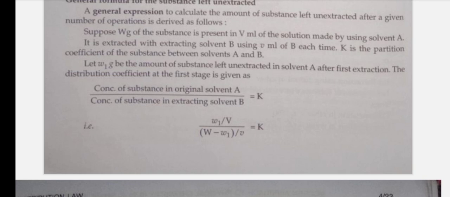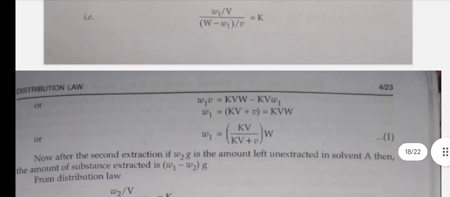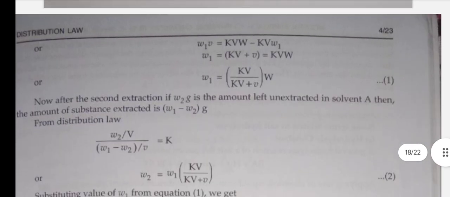(W1 upon V) upon ((W minus W1) upon V) is equal to K. W1 into V is equal to KVW minus KVW1, which gives W1 is equal to KV upon (KV plus V) into W. Now after the second extraction, if W2 is the amount left unextracted in solvent A, then the amount of substance extracted is W1 minus W2.